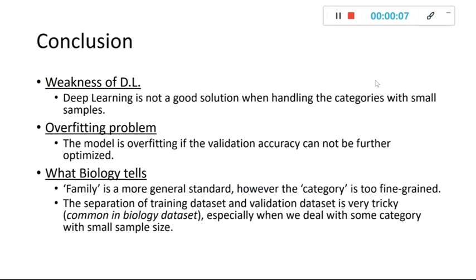The conclusion of this project is that, first of all, we find the weakness of deep learning when we deal with a problem, for example, this task. Deep learning is not a good solution when we handle the categories with small samples. The second thing is that the model is overfitting if the validation accuracy cannot be further optimized.